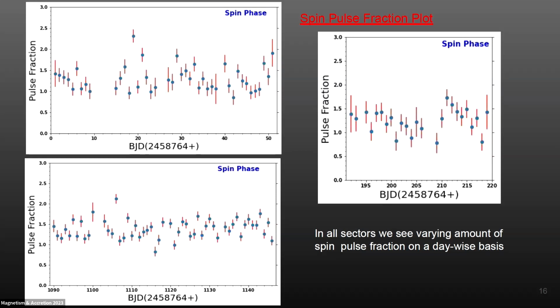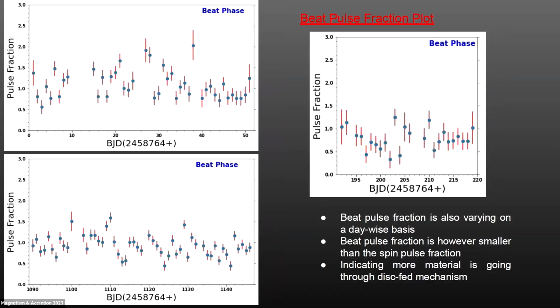We have also plotted the pulse fraction for the beat phase, and the beat pulse fraction is also varying on a day-wise basis. What this varying pulse fraction means is that the amount of accreting material is not constant. If the beat pulse fraction is varying, it means that the amount of material accreting via the stream-fed mechanism is varying.